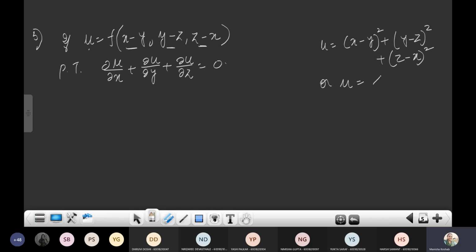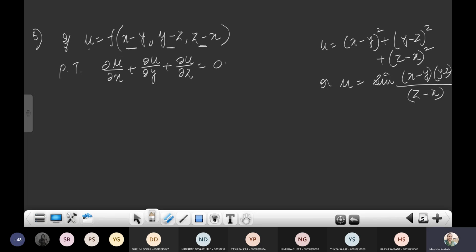Or it can be written as, say, sine of x minus y into y minus z into z minus x. Or it can be any function which involves the variables in terms of x minus y, y minus z, z minus x.